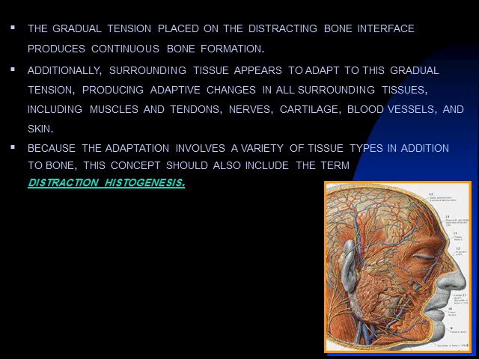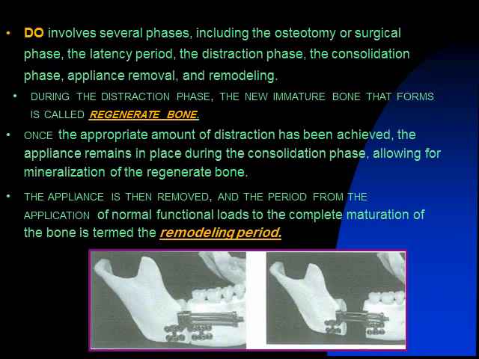This leads to the concept of distraction histogenesis, not only osteogenesis by formation of bone, but also histogenesis, which is a broad name describing the elongation and increase of the quantity of the whole surrounding soft tissue, not only the bone tissue.